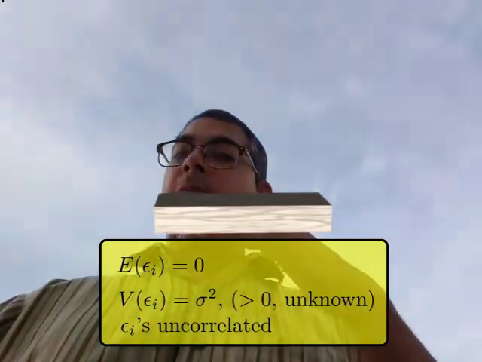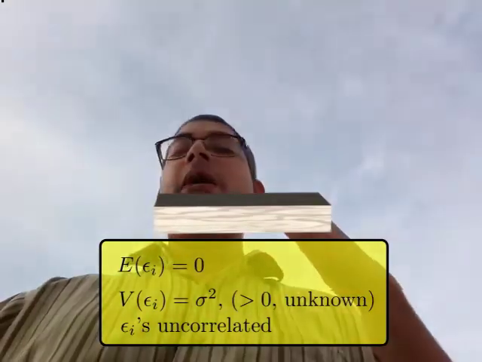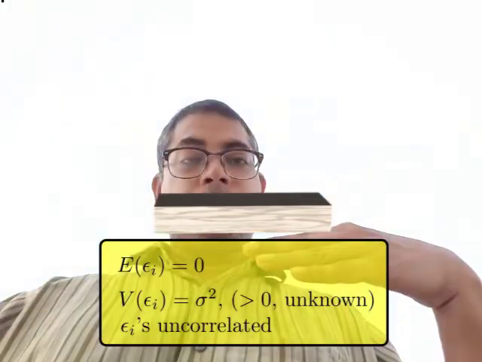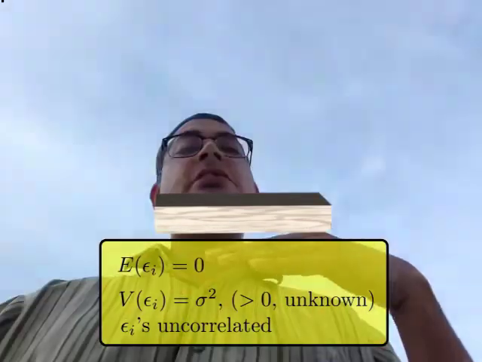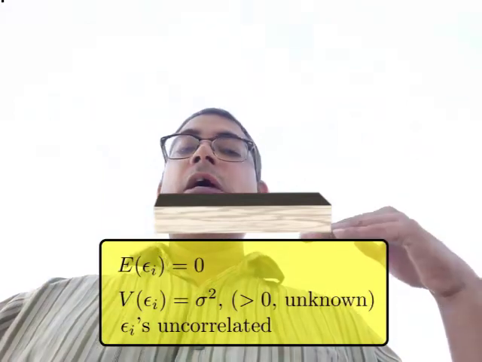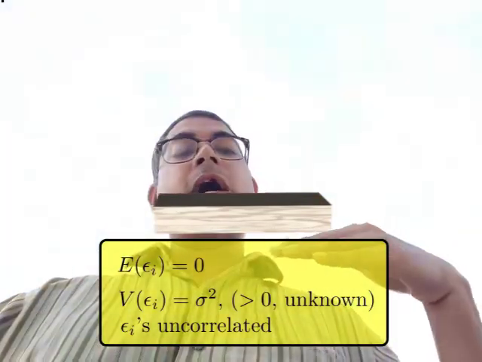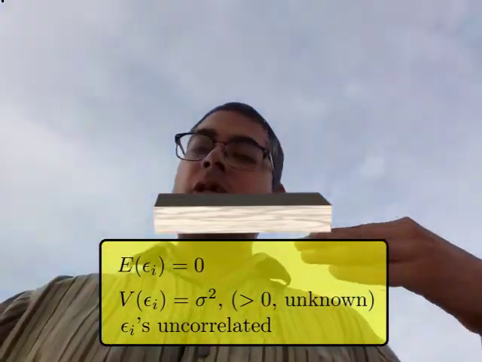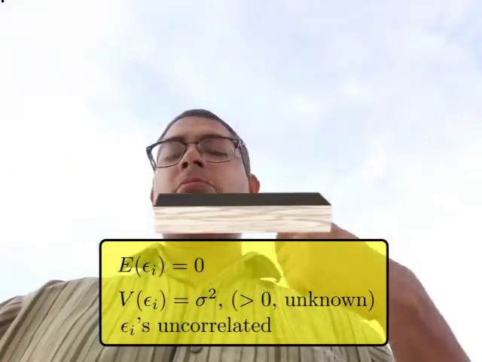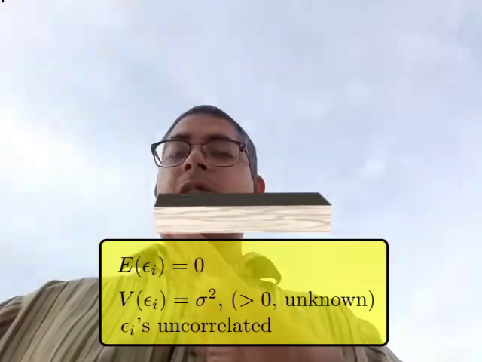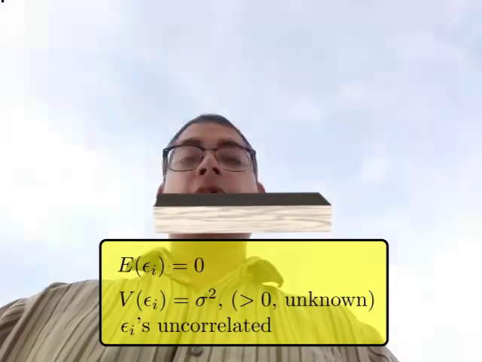The first is on the mean, that all the errors must have zero mean. Secondly, they must have the same variance, unknown, that is fine, but same variance. And the last thing is that they are uncorrelated, or later we will make it stronger, they are independent, but for the time being, we say that they are uncorrelated.